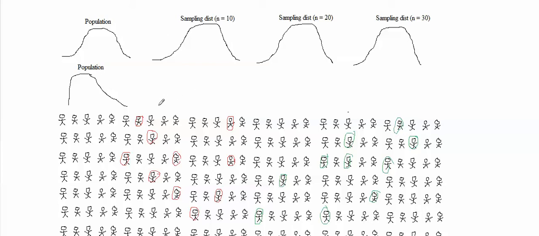In that case, since 10 is a pretty small sample size, the sampling distribution would actually follow a skewed shape, just like the population, or at least a skewed shape similar to the shape of the population.